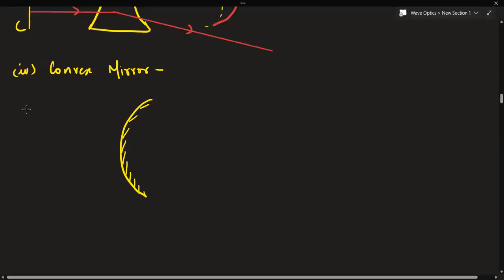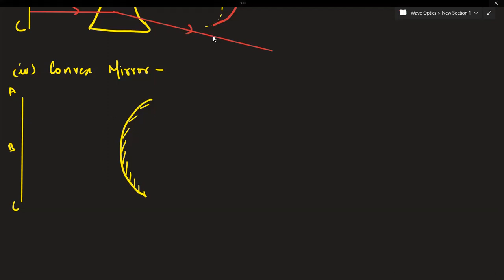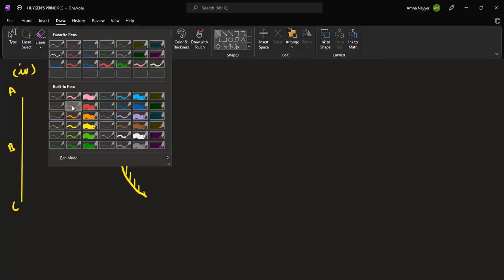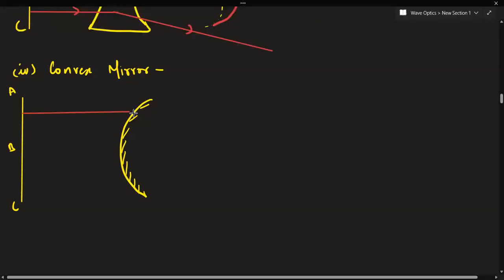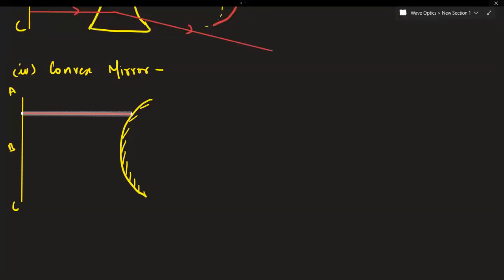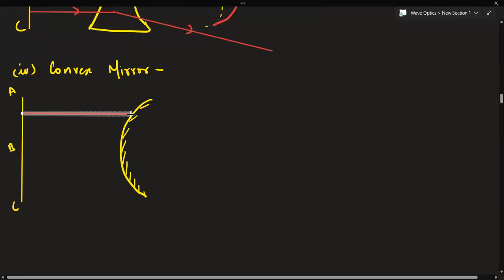So if I take a plane wavefront, let's name it A, B, C. Now what will happen when light rays fall on this? Since a convex mirror is a diverging mirror, it will diverge.